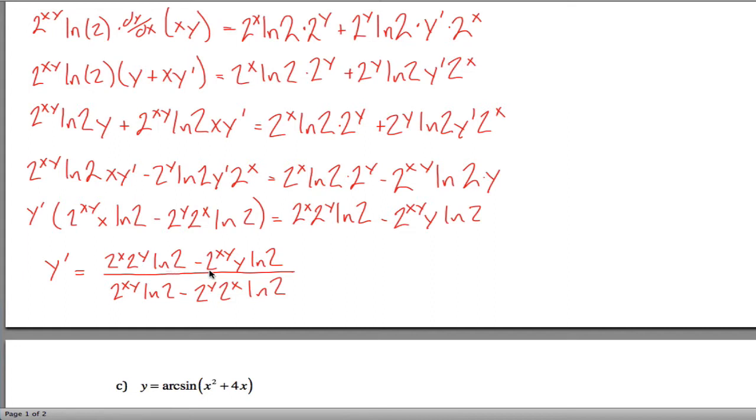Although you might note that we could factor out a natural log of 2 from the top and the bottom and cancel out all of those natural log of 2's. So maybe I'll put a box around this to show that this is perfectly good for your final answer.